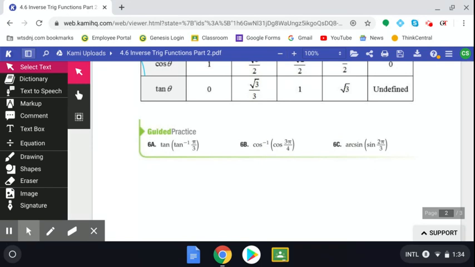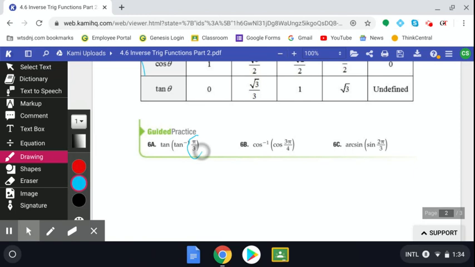For this to be pi over 3, I need to make sure, so we're talking about tangent of tangent inverse of x.